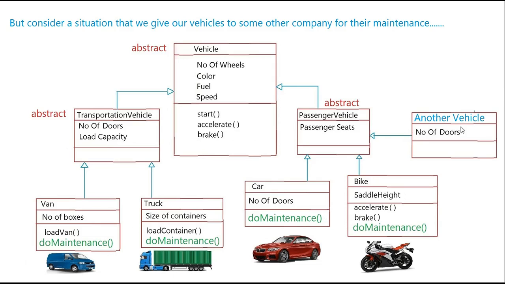He added the new classes but forgot to implement the do maintenance method in them. Or maybe he didn't realize that it was an important method and he was supposed to add this method in all new vehicle classes. Now what will happen when the maintenance company tries to call the do maintenance method of every vehicle? The app will break down because some of the vehicles don't have this do maintenance method in them.